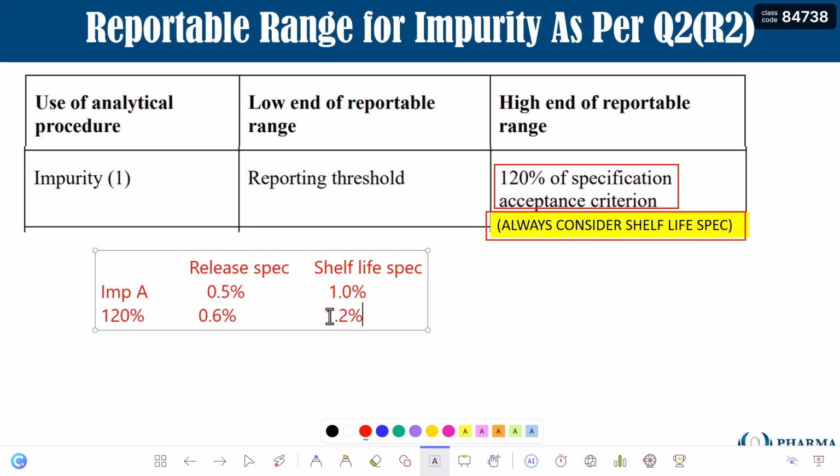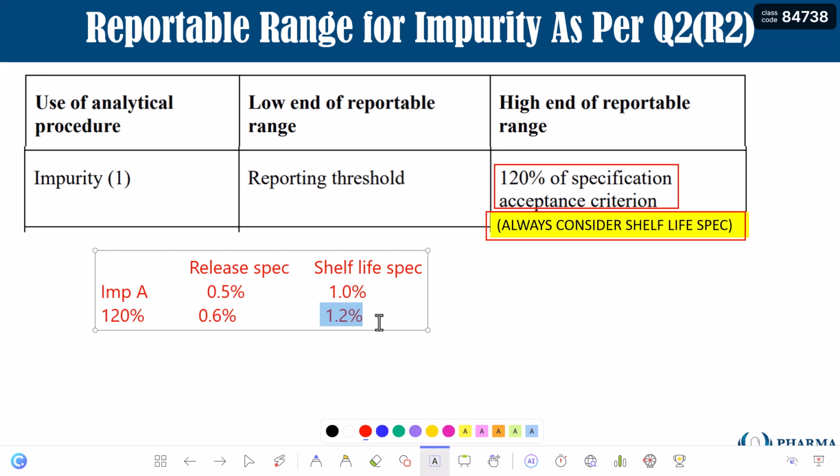So if I actually measure the range until 1.2%, I am also including this 0.6% concentration. But if I just measure the range with the high point at 0.6%, I will not understand whether my method is precise, accurate, or linear at 1.2% concentration.